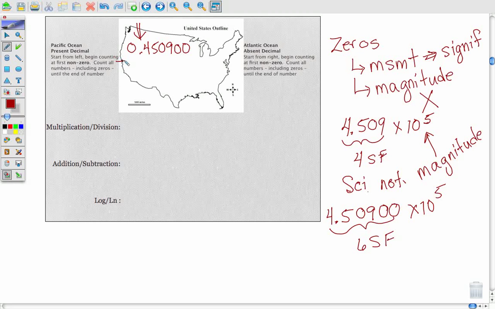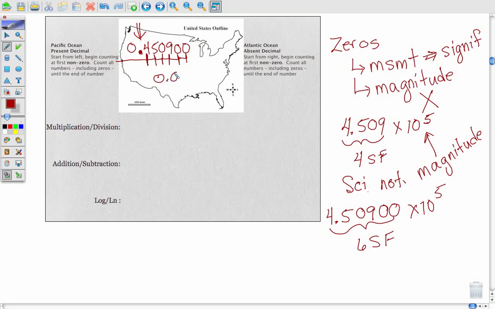So we want to start from the present decimal or Pacific side. You start with your first non-zero number. The 0 in front is often used just to clarify the position of that decimal point, and I think it's a wise thing to do. So that's 1, 2, 3, 4, 5, 6 significant figures in that case.